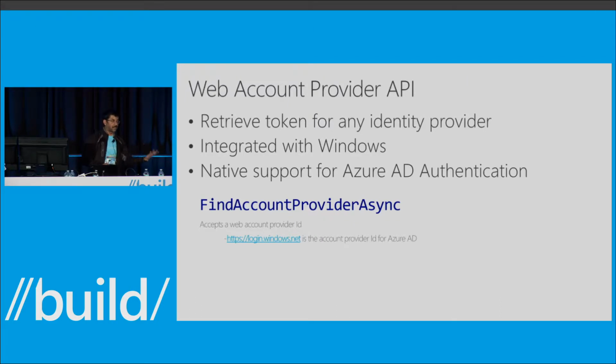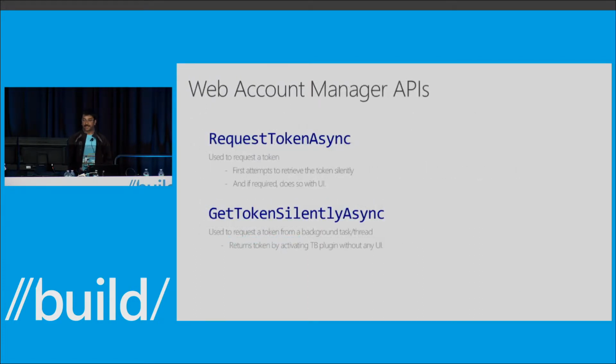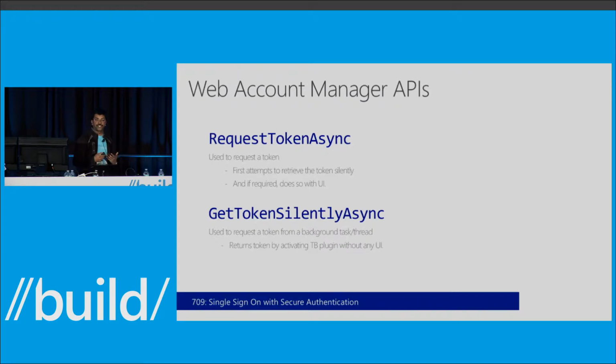Now, this could be different for Facebook, if Facebook does something for Windows 10. And there's a similar thing for Microsoft account, which is also inbuilt for you to connect to and authenticate with the Microsoft account provider.